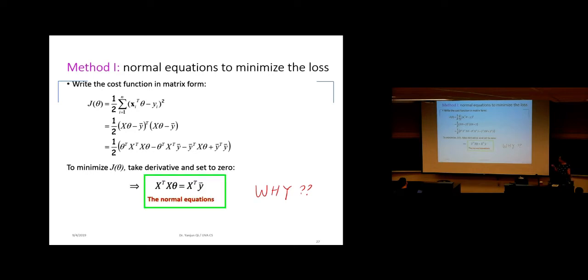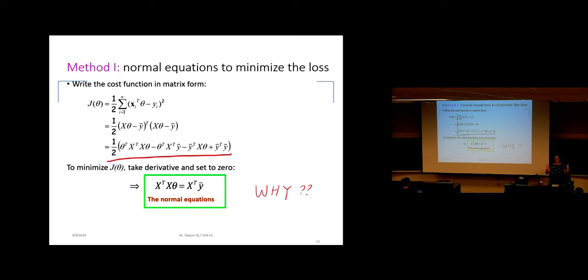For this one, if you take its gradient, it's very easy to get. I normally do this whole derivation on the board, but I think you should be able to do it by yourself, right? Okay, so let's just do this.